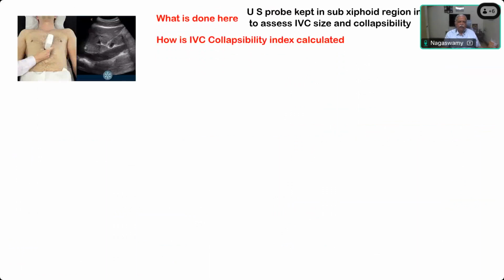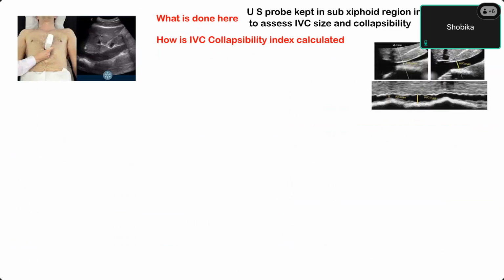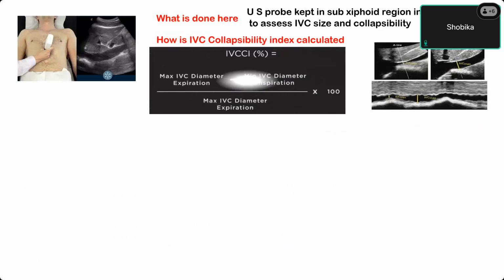Very good. How is the IVC collapsibility index calculated? It is the maximum IVC diameter during expiration minus the minimum IVC diameter during inspiration, divided by the maximum IVC diameter during expiration, multiplied by 100, during spontaneous or controlled ventilation.